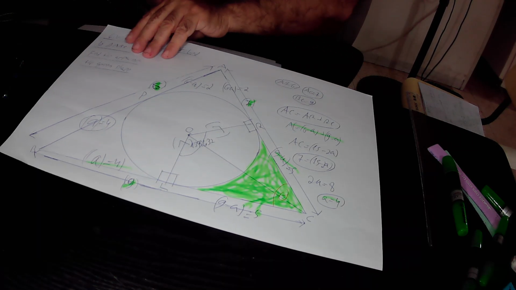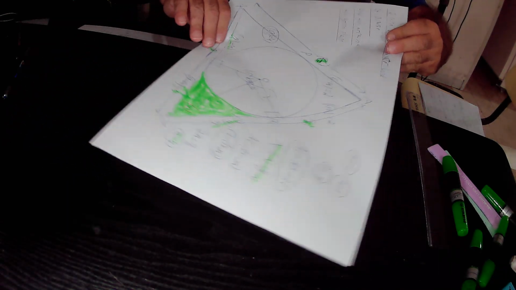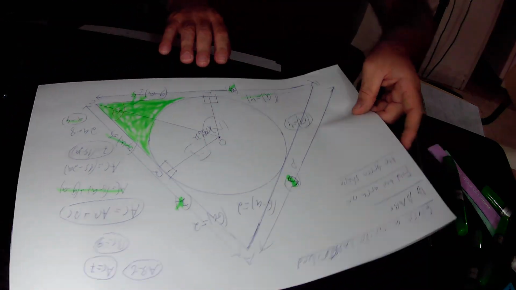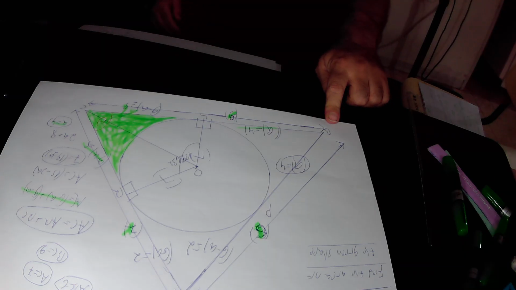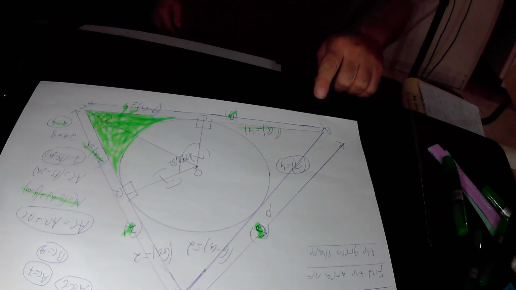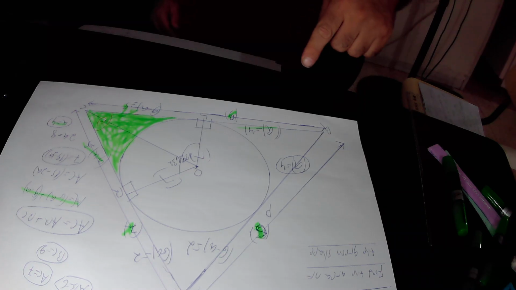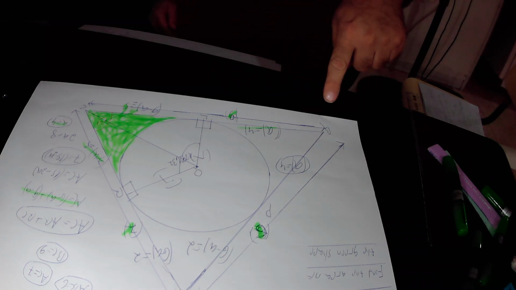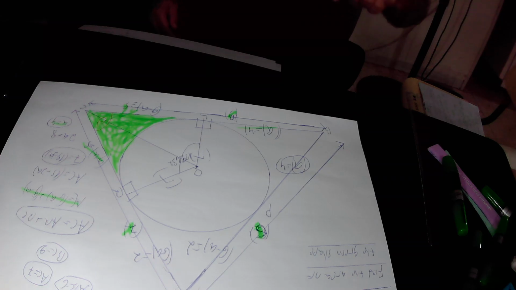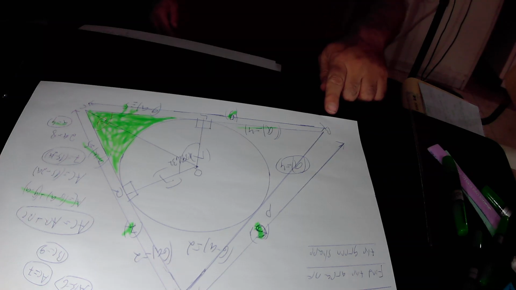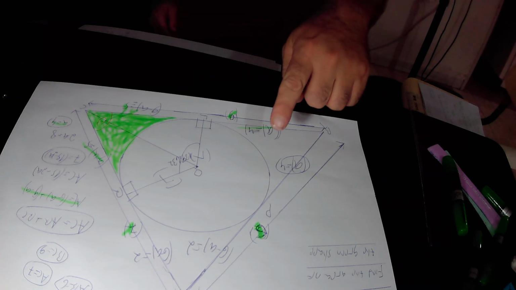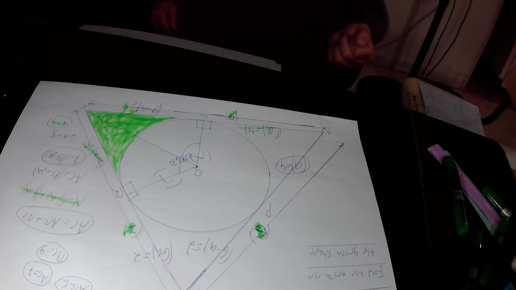Why? Because this is point B, this is the common point of this circle. Why is point B the common point? Because it is located outside the circle, and from point B we have two tangents to the circle, tangent BL and tangent BP. And according to rule 2, they are equal to each other.